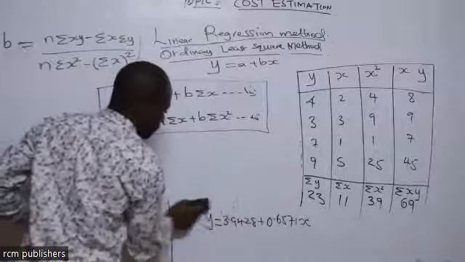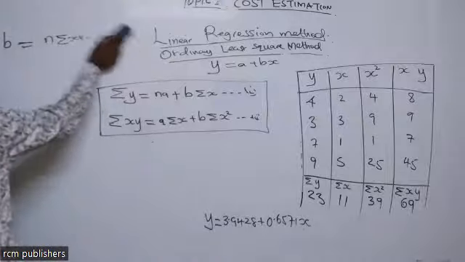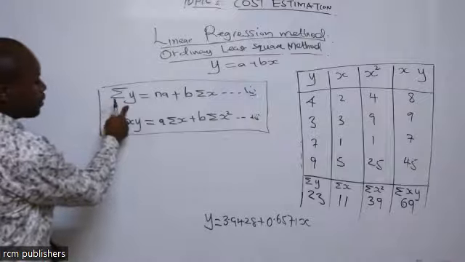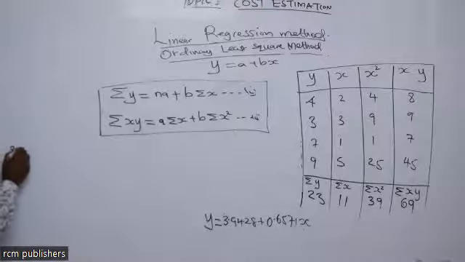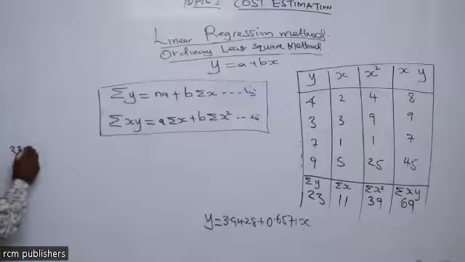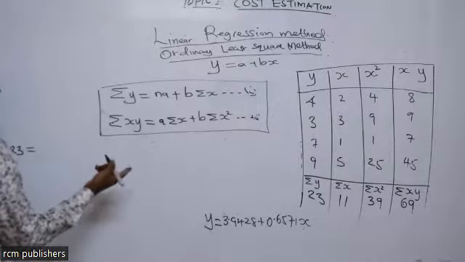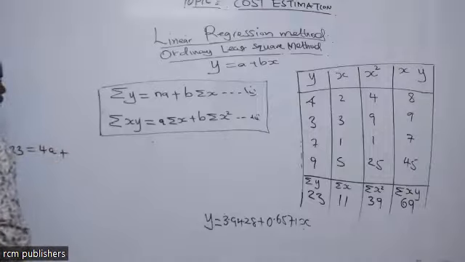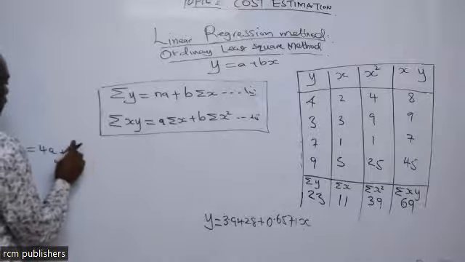We simply come here and say, because this is what we understand, summation of Y is 23 is equal to NA. Our N is 4, but A we do not have. So we have 4A plus B, summation of X, which is 11B.